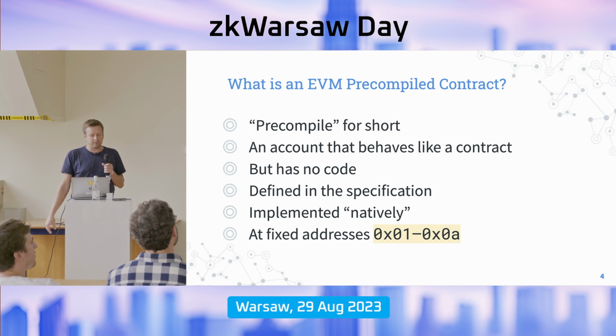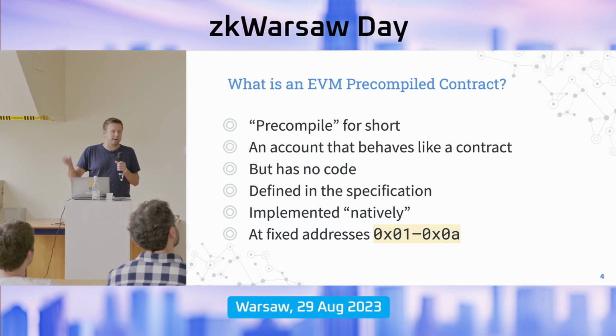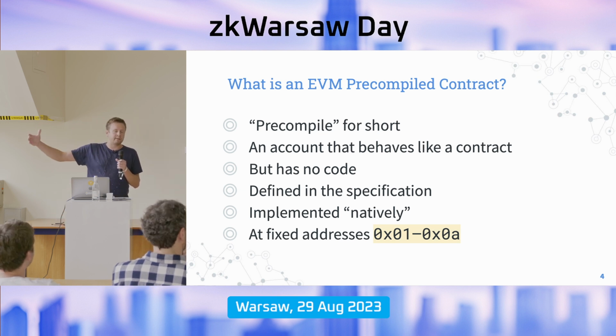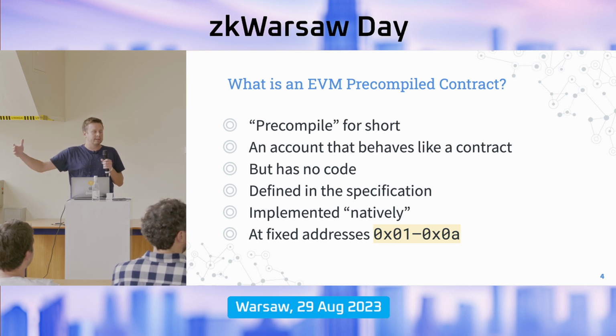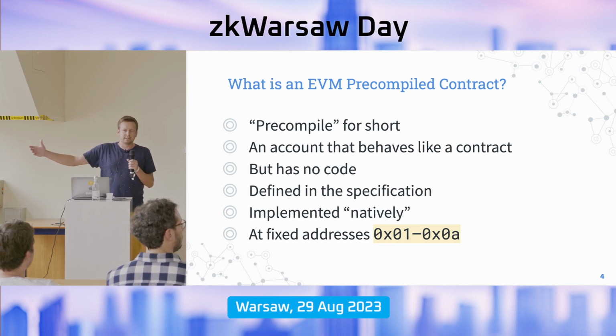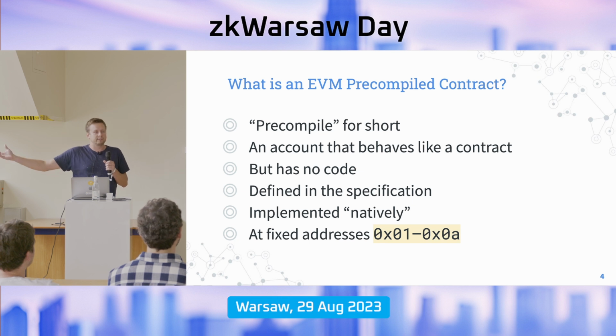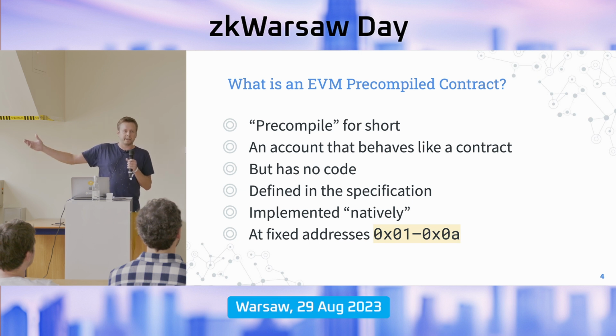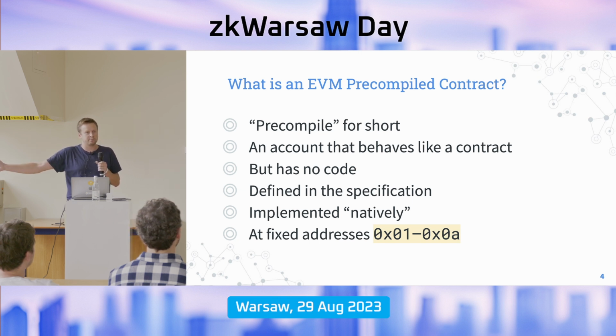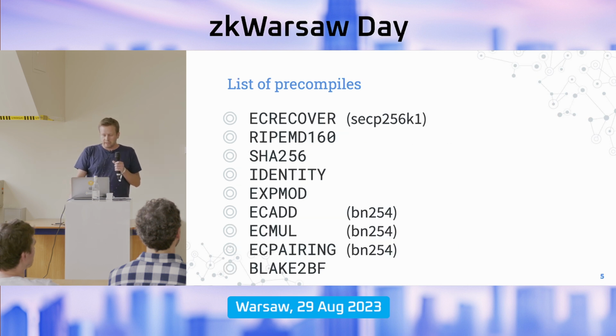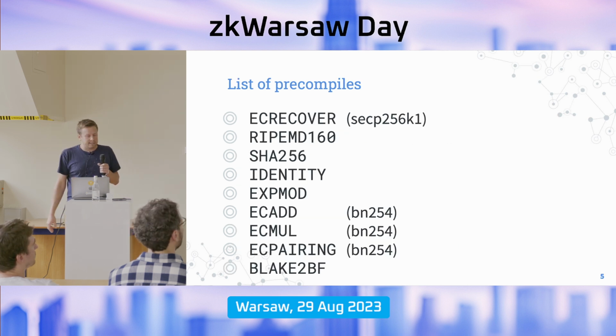And because they look like regular accounts, regular contracts from the perspective of the EVM, if you need the method called in the precompile, you need to make a call from the EVM to the contract which implements the precompile. And here is the list of currently implemented and used precompiles in the Ethereum blockchain.